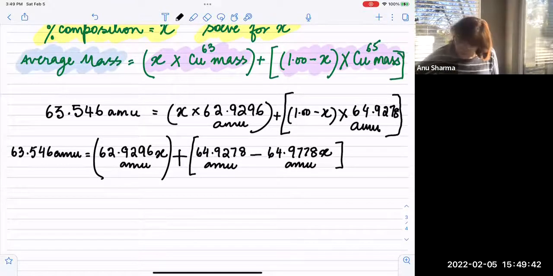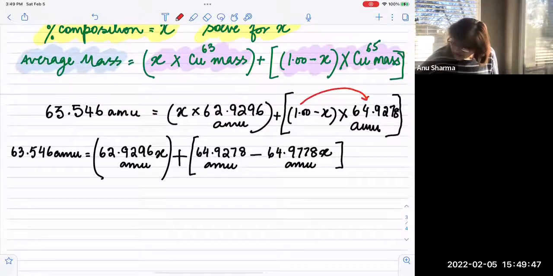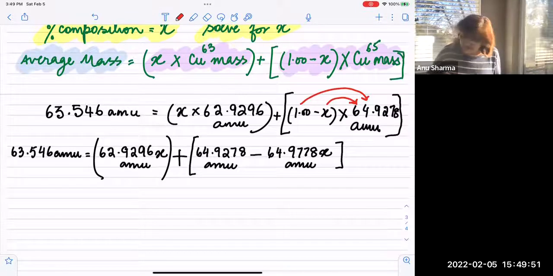Okay, remember that this is 1 multiplying by this number, and then X also multiplying by this number. So that's how you get these.